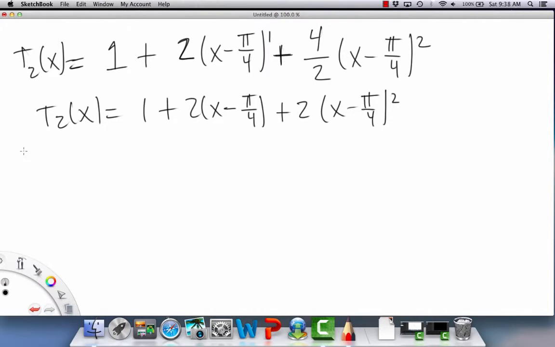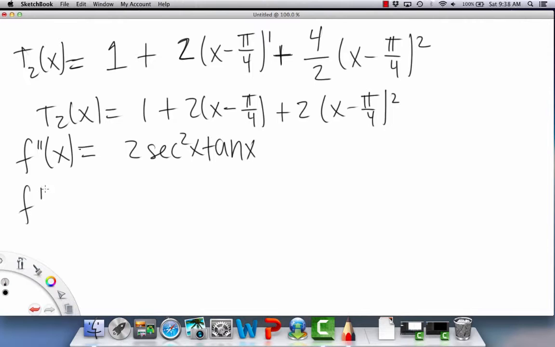Now for T3(x), we just need to go to the third derivative. If we recall, our second derivative of x was 2 times secant squared x tangent x. For the third derivative, we're going to use the product rule.